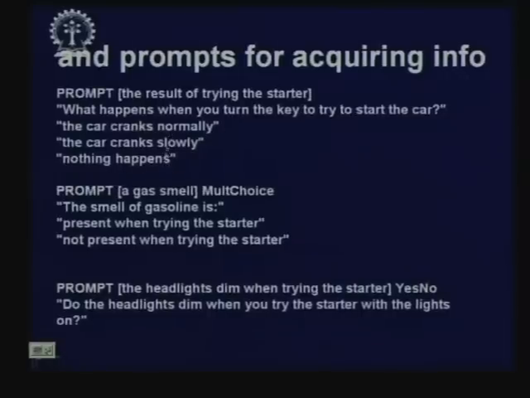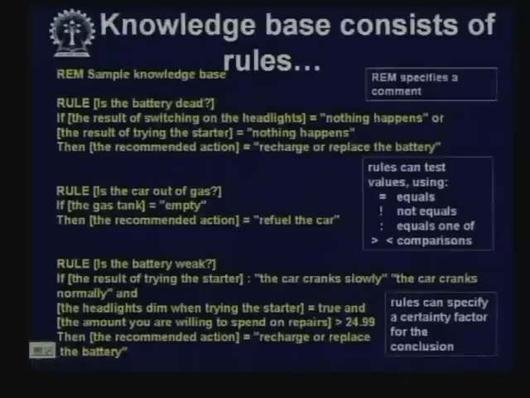This is being shown to the user, and the user selects one, as we have shown through the GUI. Say, for example, it is prompting a multiple choice, like the smell of gasoline is present when trying the starter, not present when trying the starter. The user is asked to select, all right. And these sorts of prompt actions are really activating this sort of GUI that is being shown to you.